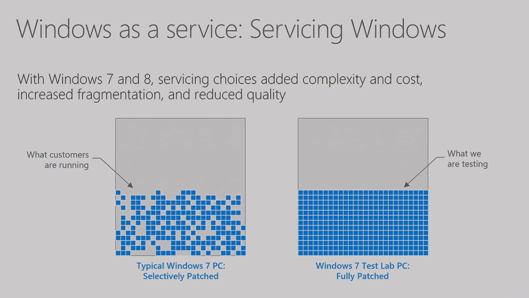But when we release new fixes, we're validating that against a fully patched PC. So we have a tendency of running into issues because of these varieties of PCs that are out there. Every single PC could be different. We can't possibly test all of those variations. So that's why we focus on a fully patched system.